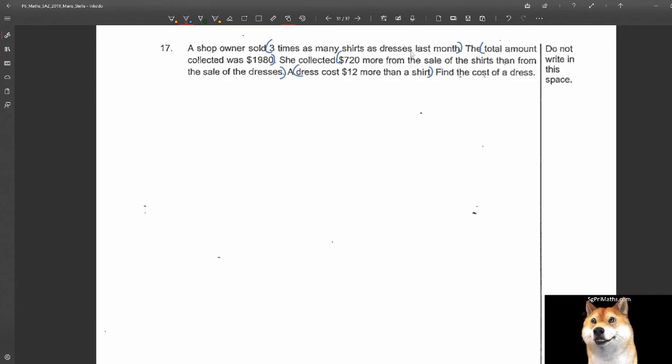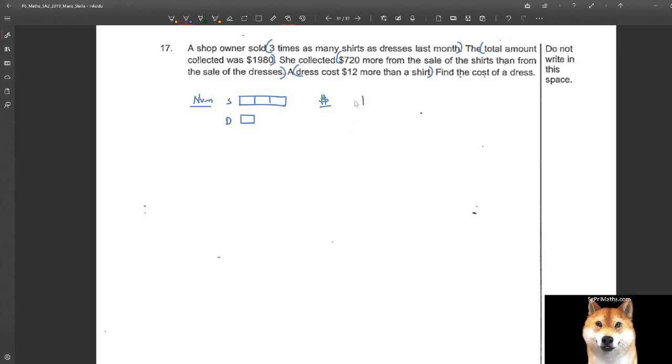So look at the number of shirts and dresses first. So the actual number. Shirt is 3 units, and dress is 1 unit. And there is no more information given about the number in the question. So we move on, then we look at the actual amount of money collected.